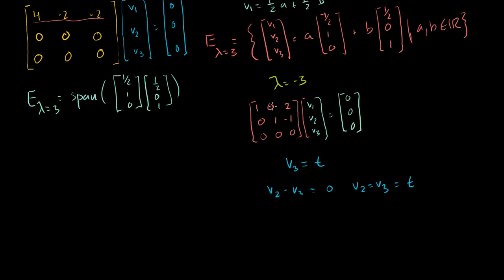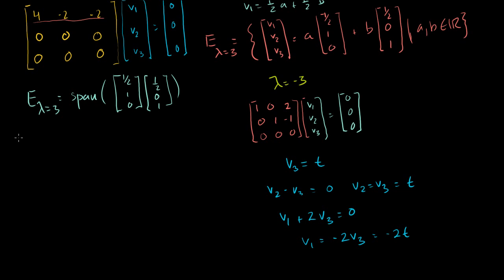And then the top equation tells us v1 times 1, so v1 plus 0 times v2 plus 2 times v3 is equal to 0, or v1 is equal to minus 2 v3, which is equal to minus 2 times t.